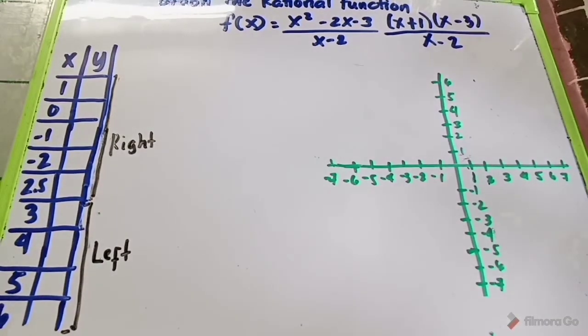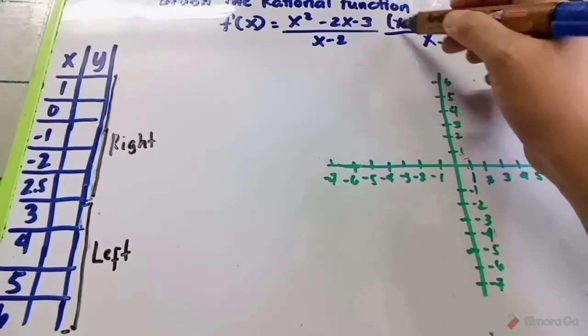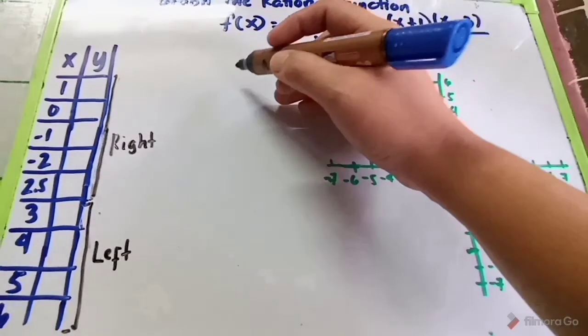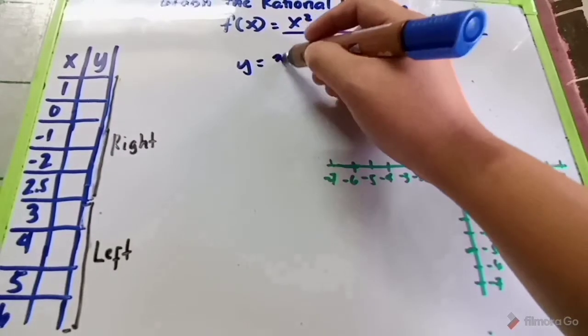So respectively, if you will get the value of x plus 1, automatically this will become negative 1. And the other one will be positive 3. So it means to say our y-intercept will be 3 over 2.